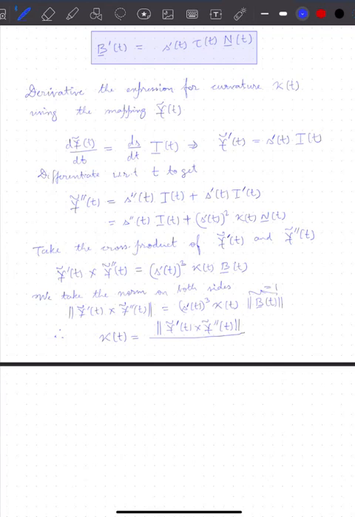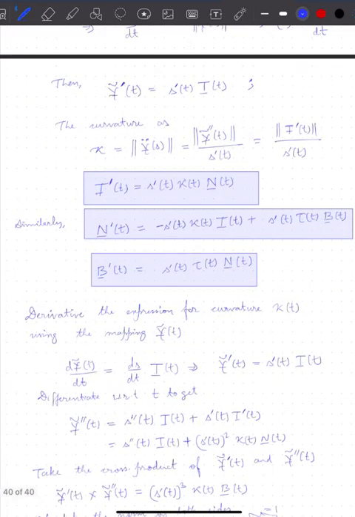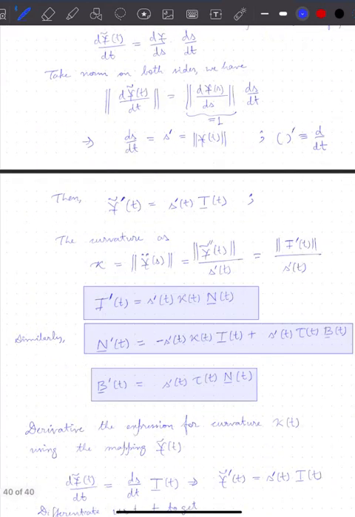And as we recall, s prime of t is also the norm of gamma prime of t, which means that we can just divide this by the norm of gamma prime of t cubed.